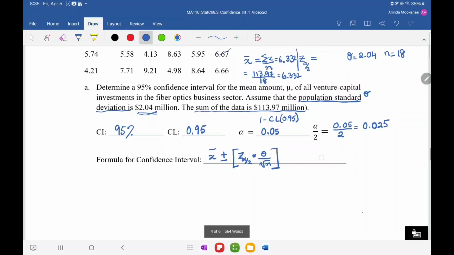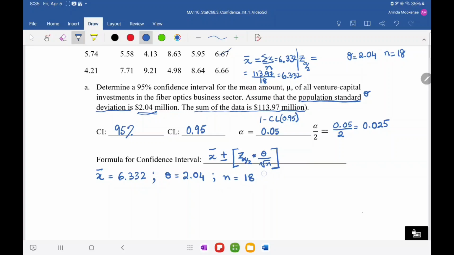Okay, so we have found, and I'm going to rewrite my values once more over here, so it's easier for me to plug them in. X bar we found was 6.332. Then we have sigma, which is 2.04, and n is 18.